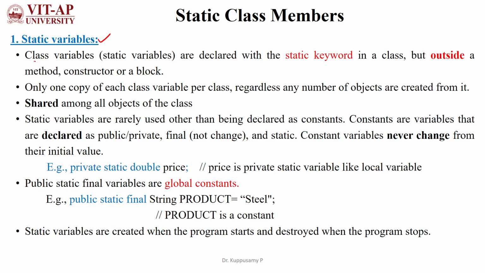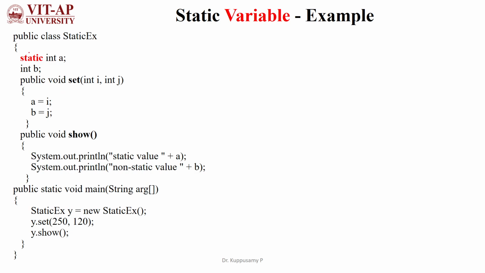The static variables are class variables declared with the keyword static in a class but outside the method, constructor, or a block. In the example given here, the static variable is declared outside the method, and if you are using a constructor, then it should be declared outside the constructor.